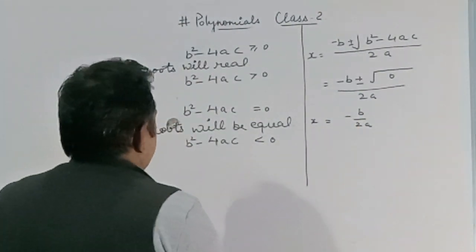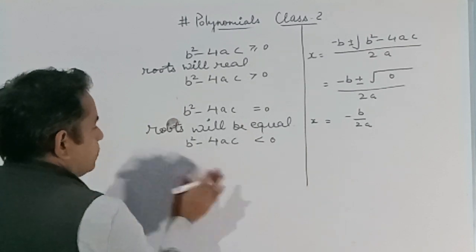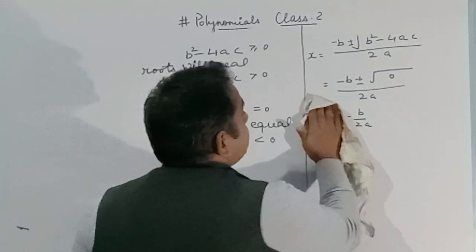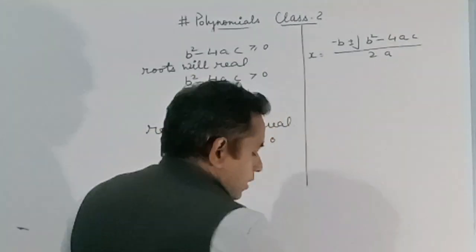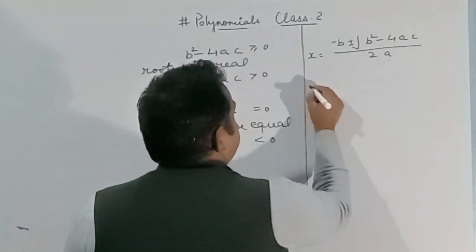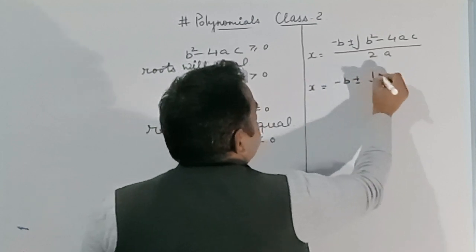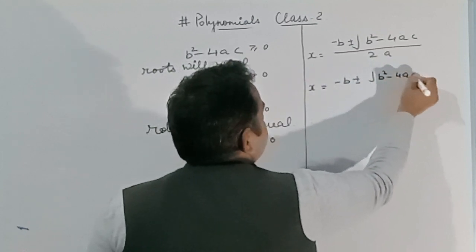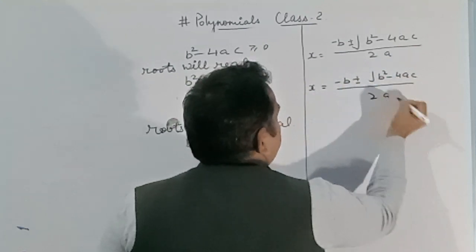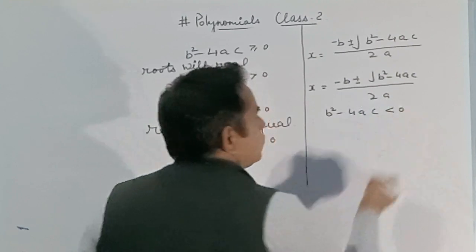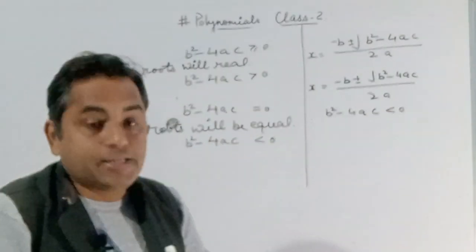And see, in that case, if we have b square minus 4ac less than 0, that means a negative number.